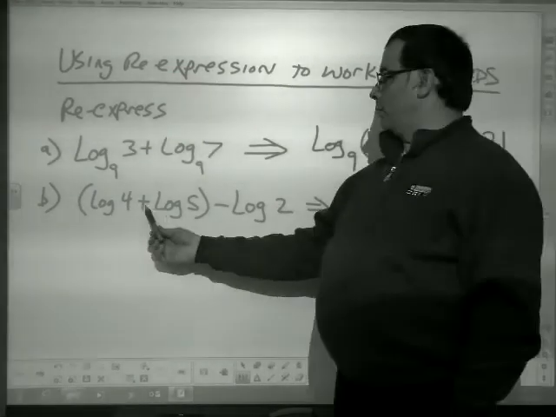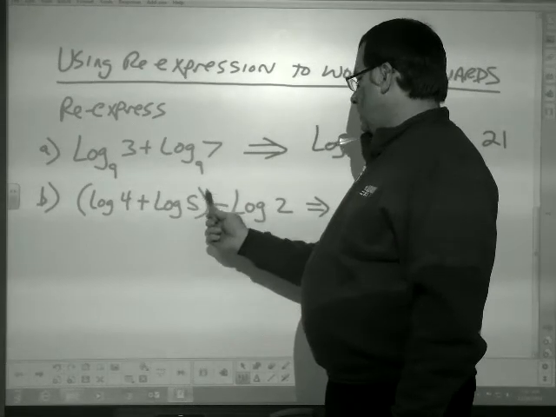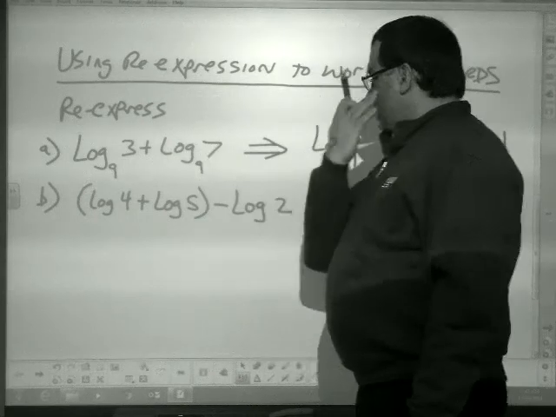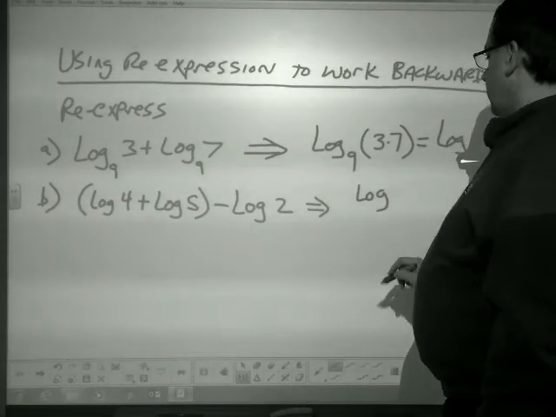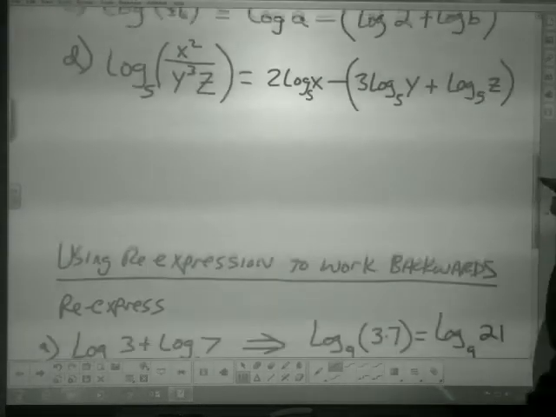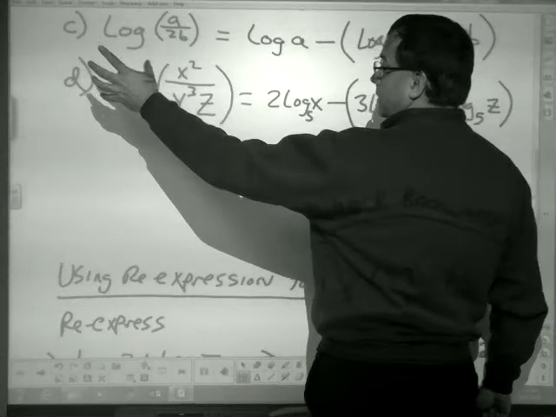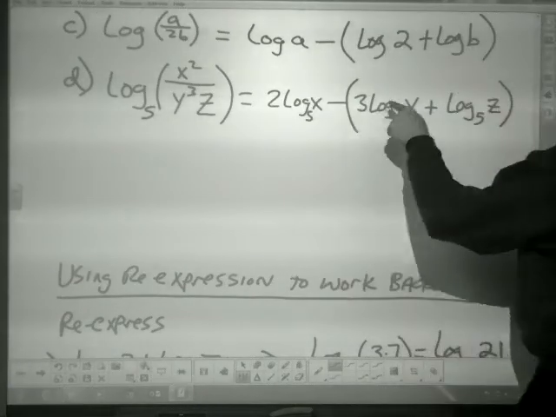Over here we got plus, which is multiplication, minus, which is division, and this is all in parentheses, so that has to stay on the top. So I have the log of, and I only write the word log once when I'm going backwards. Notice when I went forward, log was only written once, and then all of this was separated out, and each thing got a log with it.